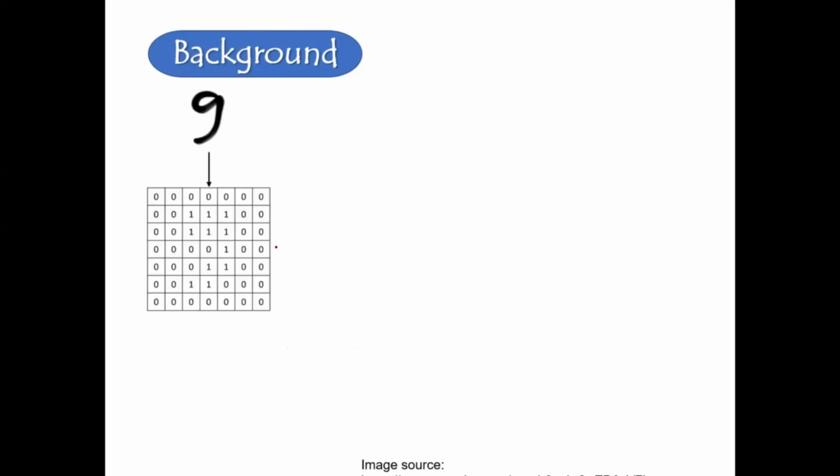Now let us see how MLP or the ANNs will deal with this. So this is an image of 9. Now the computer will read the matrix of pixels having this arrangement. Suppose it is a 7 by 7 image, and the total number of pixels in that image is 49.